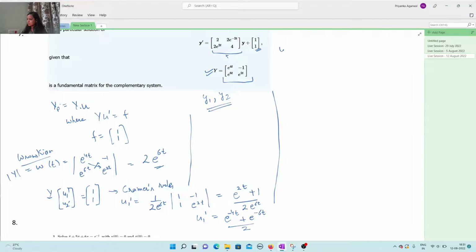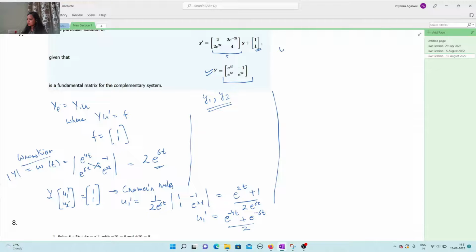So we now know u prime. Now we can integrate, and when we integrate we can find u. Let's take the constants of integration as 0 to find the particular solution.